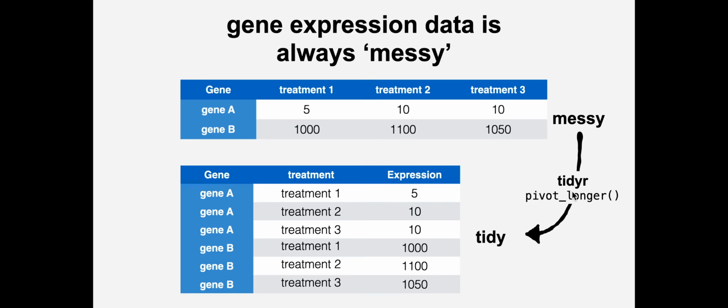So we're really not going to dive into all the multitude of things it can do to data sets. We're just going to use it for this purpose for now. All right, so you can convert tidy data, what we also call long data, to wide data by using pivot_wider. That'll take you back here. So there are functions to go between these two shapes of data, wide and long.